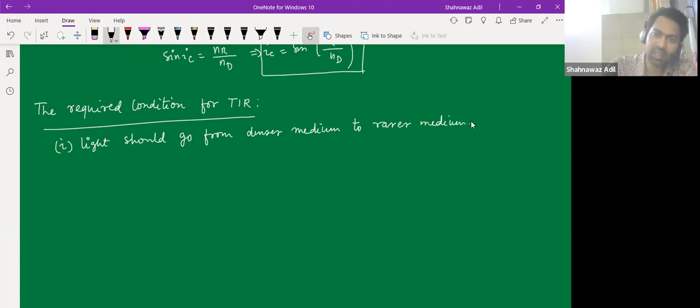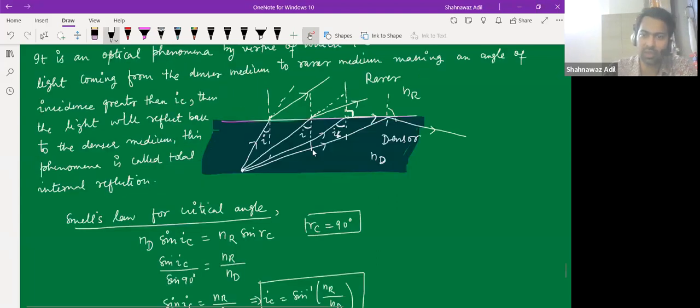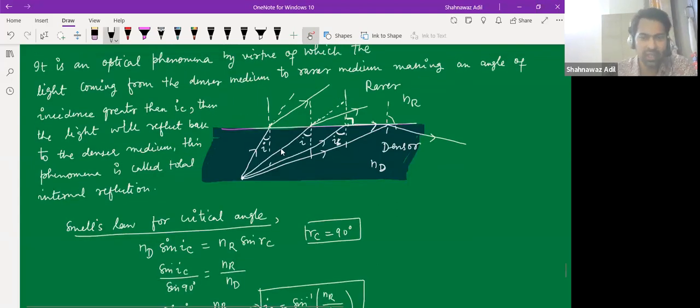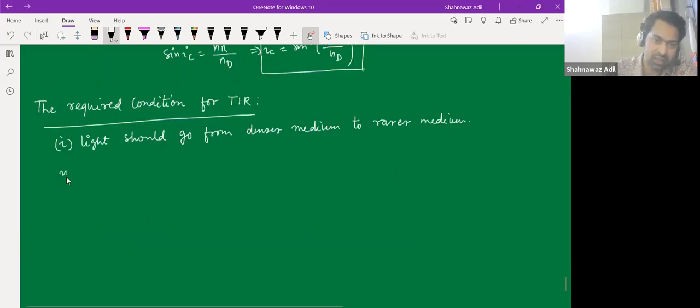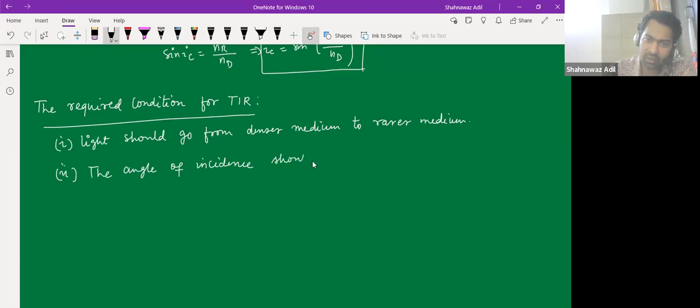If we are going from the rarer medium to the denser medium, then we cannot see TIR, right? The light should always go from the denser medium to the rarer medium. And the second condition is that the angle of incidence should be greater than the critical angle, right?